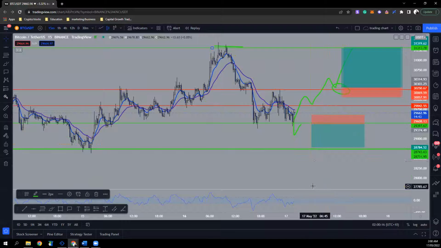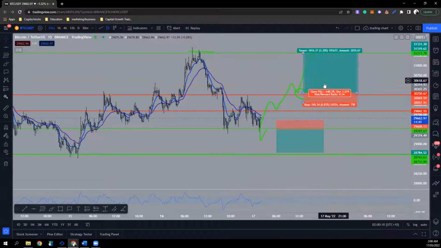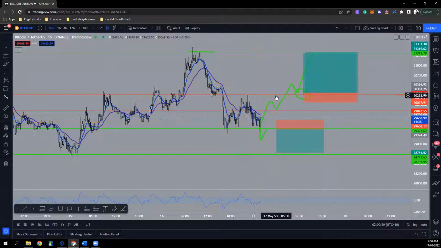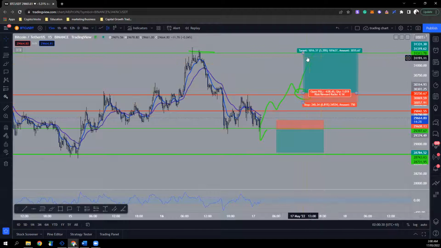Something like that. This is the play I would want to see, because we've broken through this resistance, and this is a support, but it's nothing special. So we'd want to see it break through this resistance, turn this into a support, and then push out into this area here.